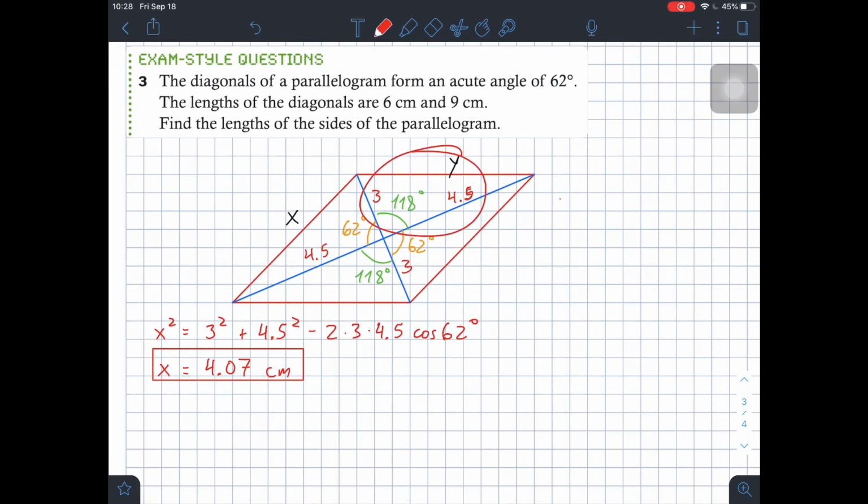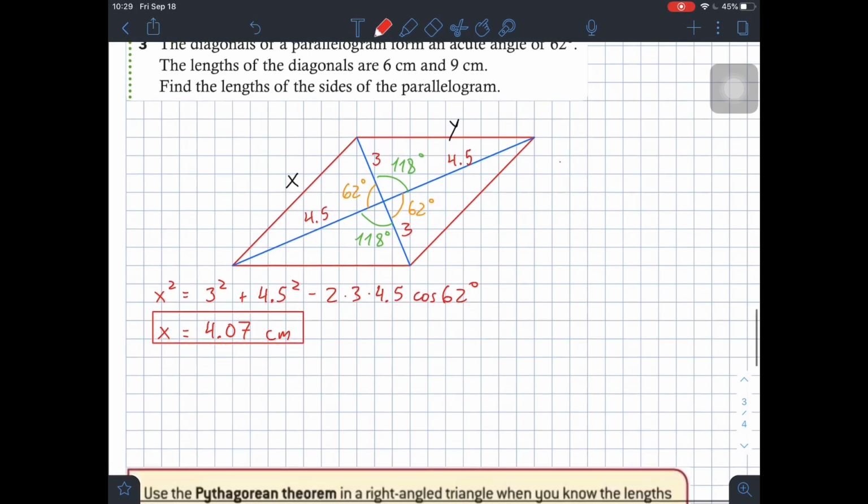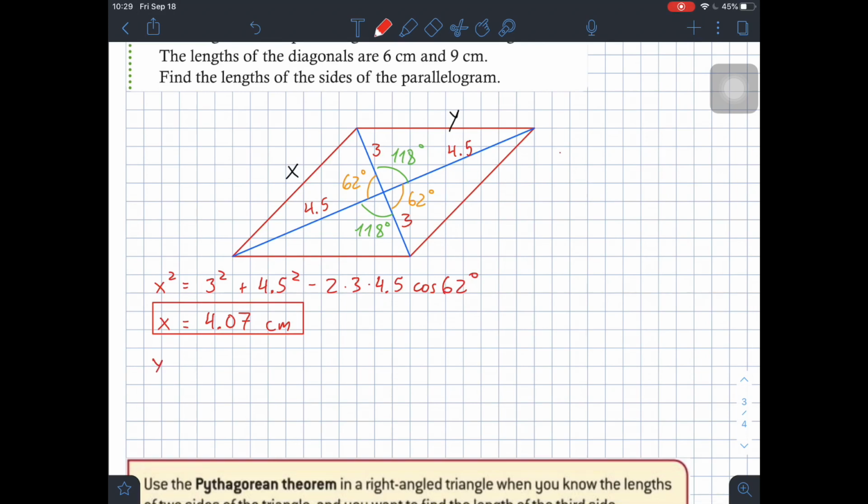Now we're missing this side, and to find that side, I just apply cosine rule, but using this information over here, which is basically the same information, but the angle changes. Okay, this is 4.5. There you go. So we do the same thing. y squared is equal to 3 squared plus 4.5 squared minus 2 times 3 times 4.5 times cosine of the included angle, which is in this case 118 degrees.